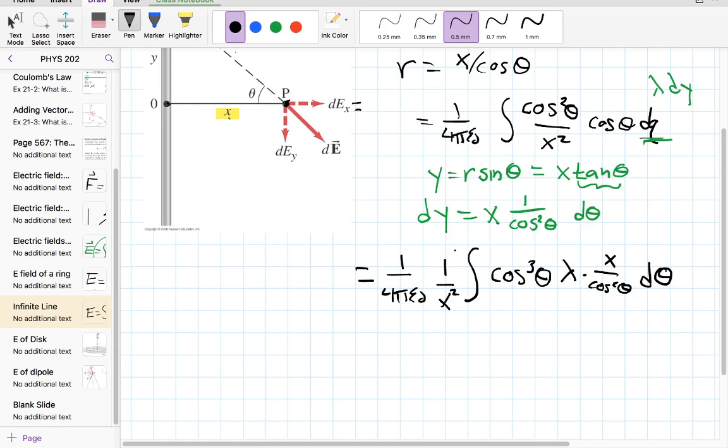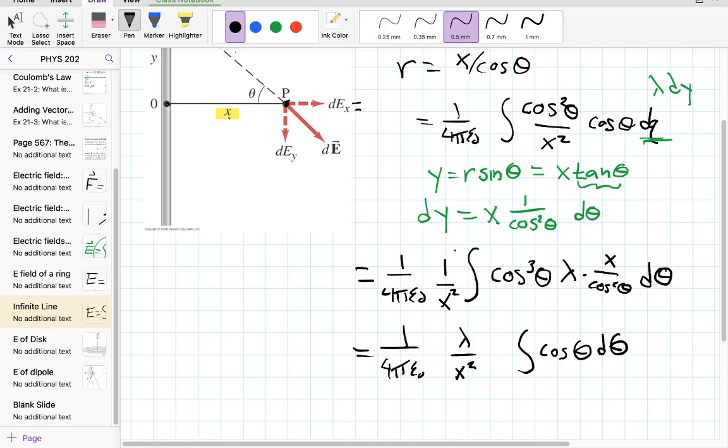We've got another x that can come out. Lambda can come out. It's just a constant. So that gives us 1 over 4 pi epsilon naught lambda over x squared times the integral of cosine theta d theta.